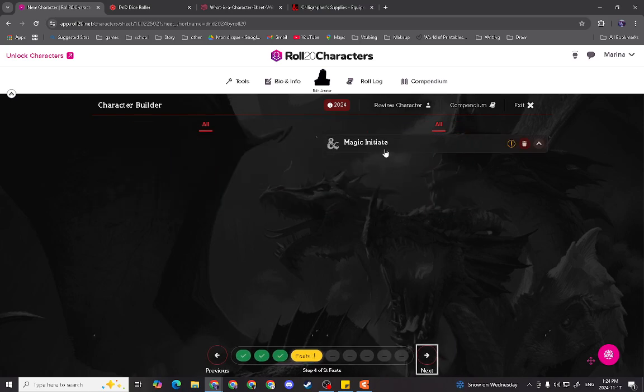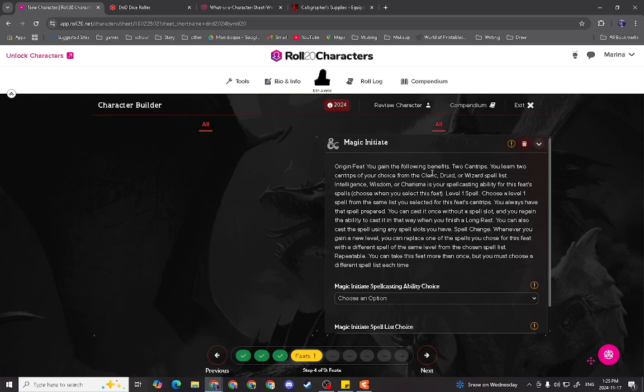Alright, next feats, we have magic initiate. So essentially you gain 2 cantrips. Cantrips are spells that you can use anytime. Okay. You get to have a spellcasting ability that's either intelligence, wisdom, or charisma. That's also based on your species and class. So essentially you're a barbarian that can do magic. Right, okay.